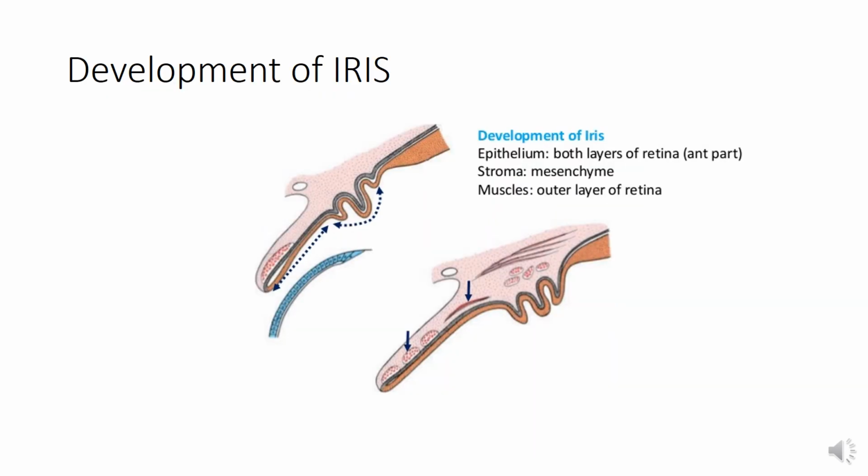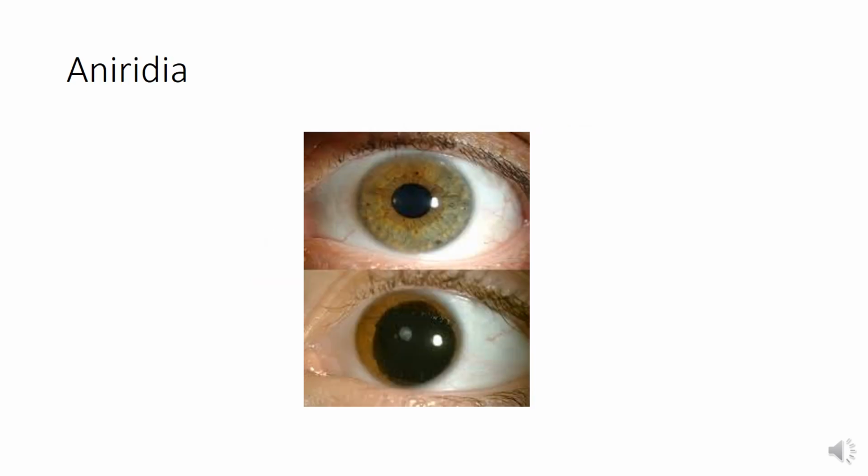Aniridia. This condition is characterized by absence of the iris, and it may be unilateral or bilateral. You can see here this is the normal eye, and this whole structure inside is the iris, and these are the edges of the iris which form the pupil.